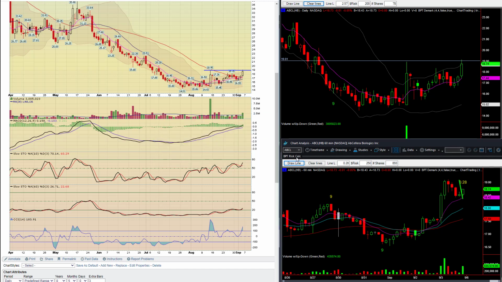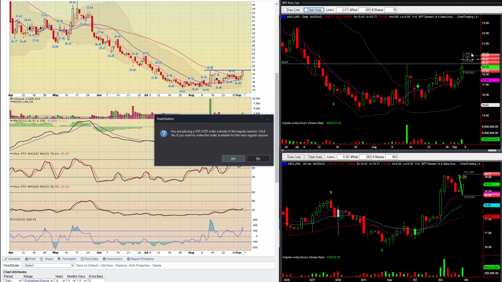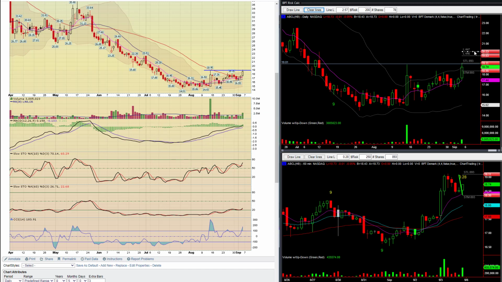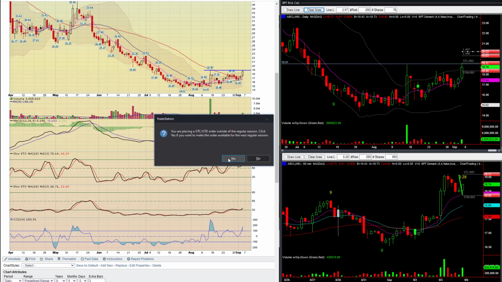So that enables me to buy more shares, obviously, because I have a much tighter stop now. See, I could buy almost 900 shares, and then I would probably widen my targets up.